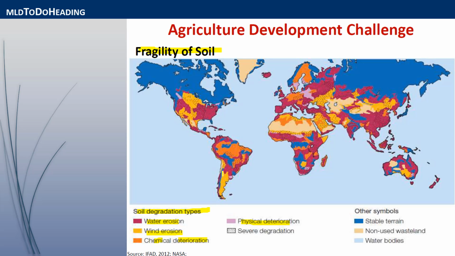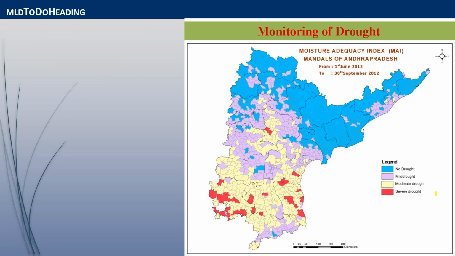You can follow the colors: magenta represents water erosion, orange represents wind erosion, and physical deterioration is represented by purple. And there are regions of stable terrain, the blue one, and non-used wasteland represented by this skin color. So we can classify the land with the help of these GIS technologies.